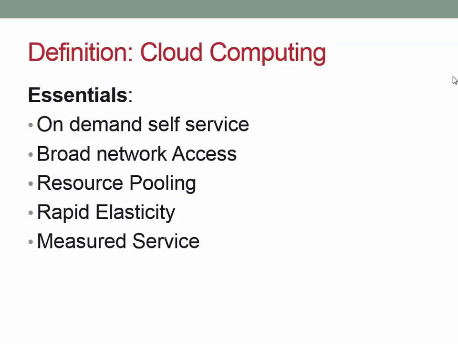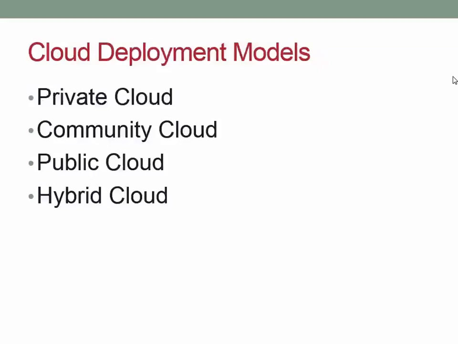Cloud computing is a model for enabling convenient, on-demand access to computing resources that can be rapidly provisioned or released on demand with very little management intervention. There are 4 cloud deployment models: private, community, public, and hybrid.